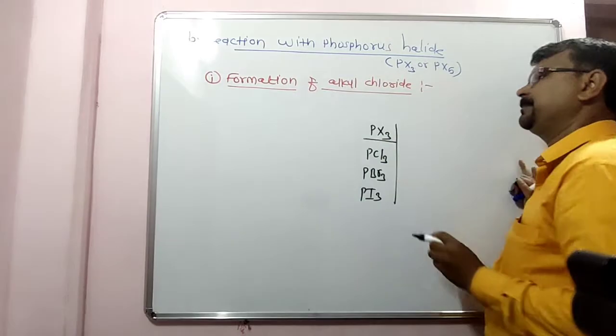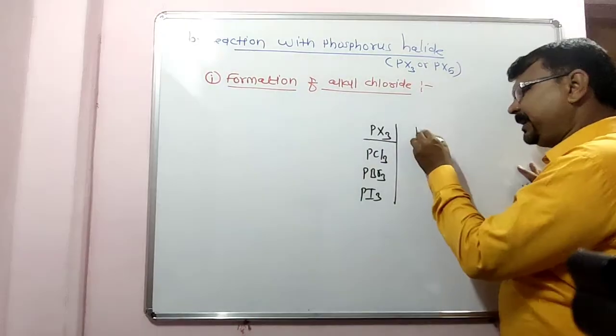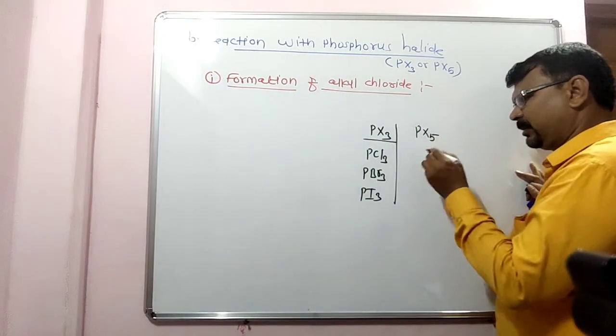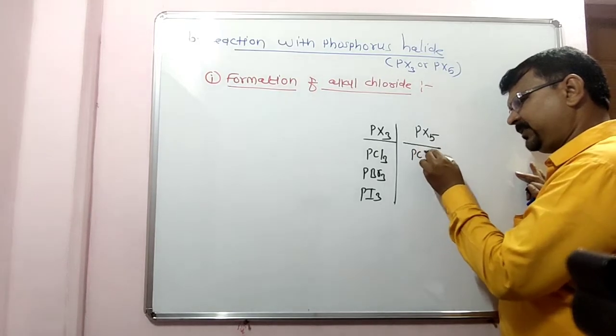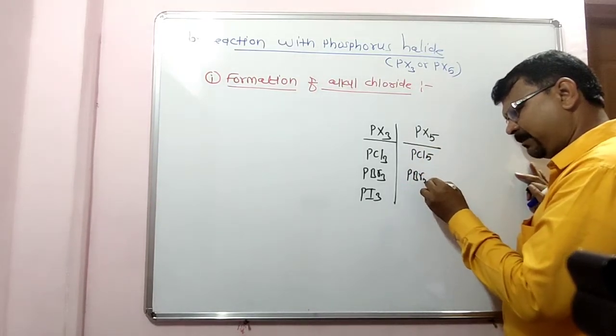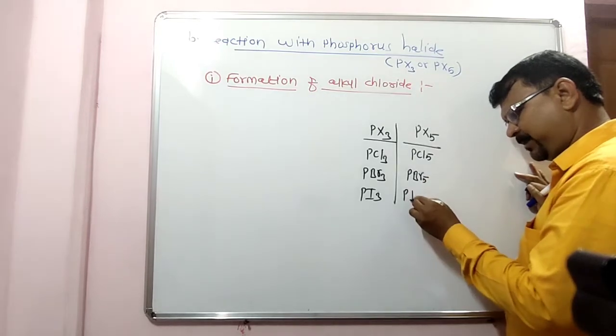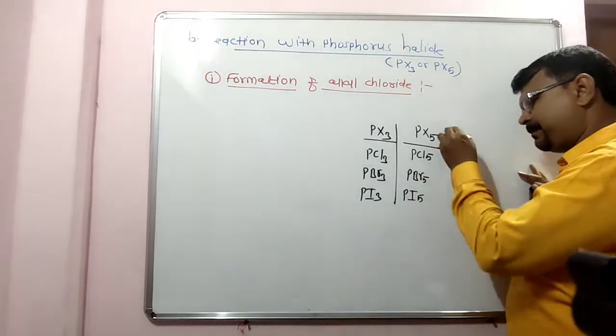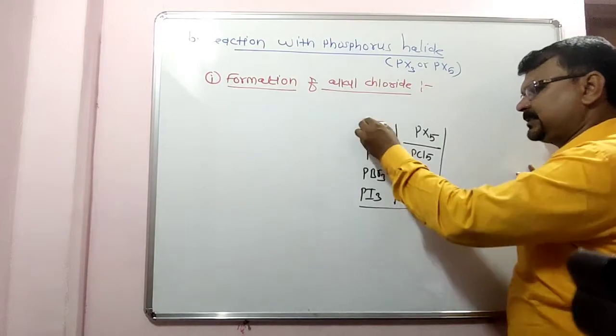In the case of PX5, we have PCl5, PBr5, and PI5. Correct?